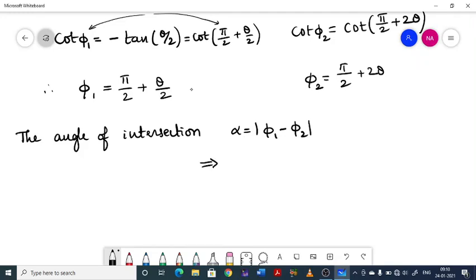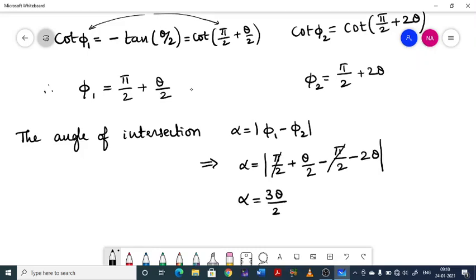So alpha equals modulus of phi 1, that is pi by 2 plus theta by 2, minus pi by 2 minus 2 theta, because for minus phi 2 you have to write minus pi by 2 minus 2 theta. So pi by 2 you can cancel, theta by 2 minus 2 theta will be minus 3 theta by 2. Taking modulus, you get alpha equal to 3 theta by 2.